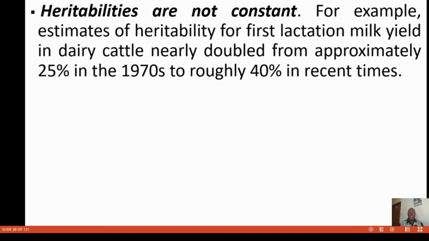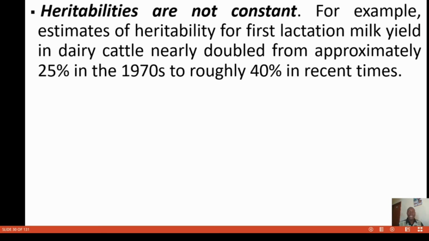Now, as we end this session, which is a short one before I begin another one, we need to recognize that there are certain characteristics that must be noted about heritability. They are not constant.